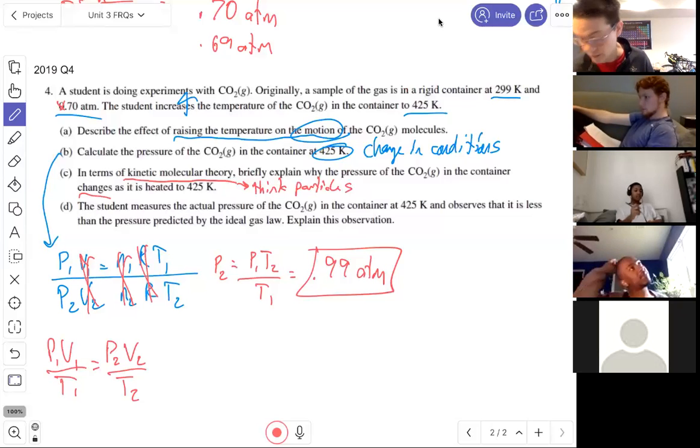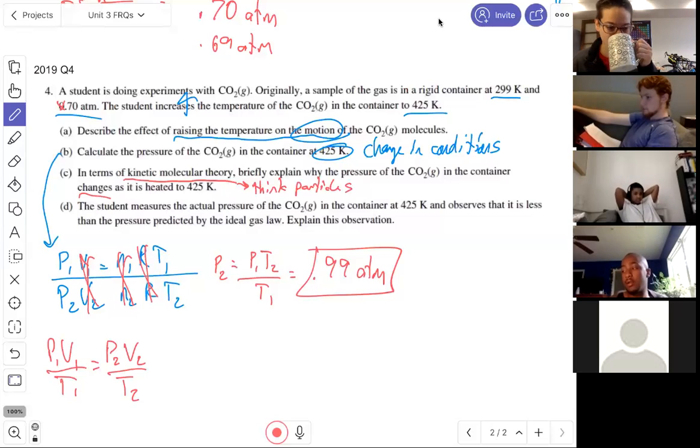Okay. And then this is a question from me. If you had some sort of gas in a balloon, and you put that amount of gas into a similarly sized rigid container, would the pressure inside the rigid container be greater than the balloon because it has no give to it?